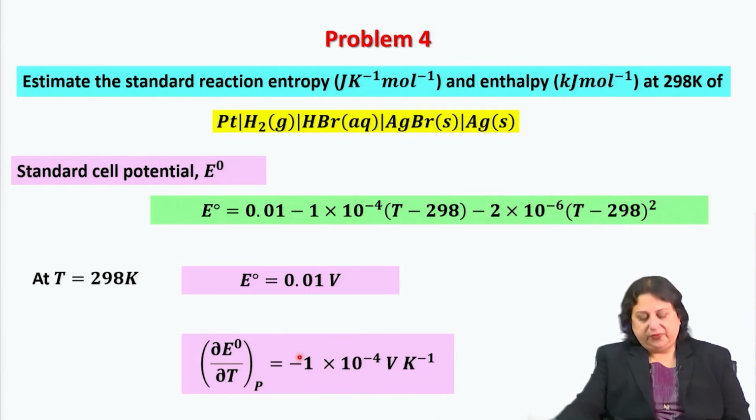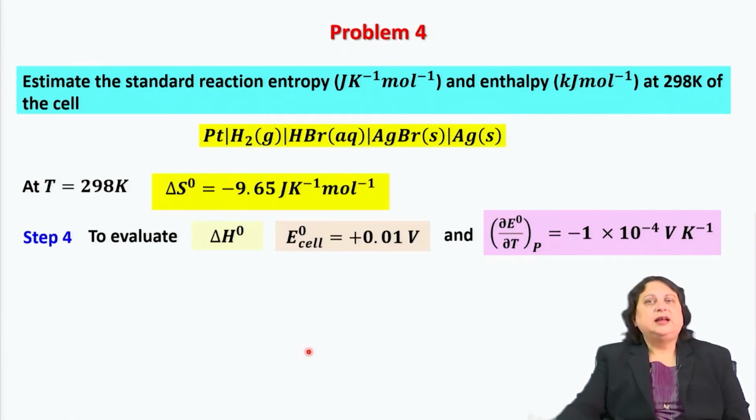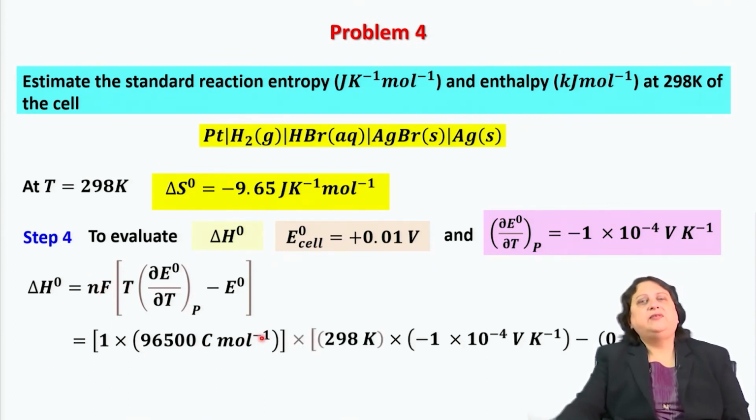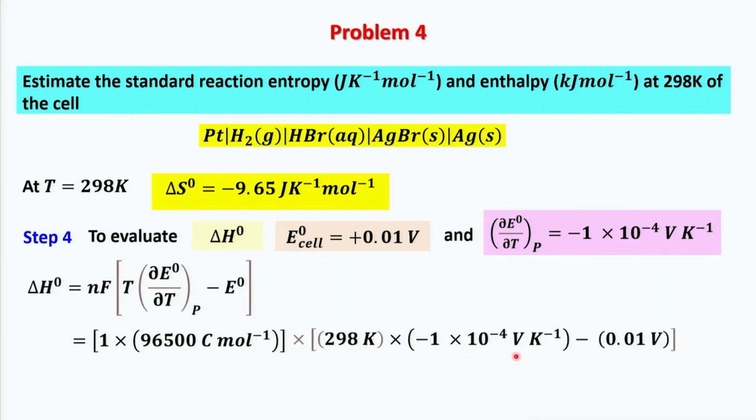And I also have shown you that del E naught by del T at constant P is equal to minus 1 into 10 to the power of minus 4 volt per Kelvin. So, I will go ahead and I will evaluate delta H naught as 1 into 96,500 coulomb per mole, representing the contribution of the first two terms here, and then I will have this temperature into the temperature derivative of the standard cell potential minus the value of E naught that I have got at 298 Kelvin.